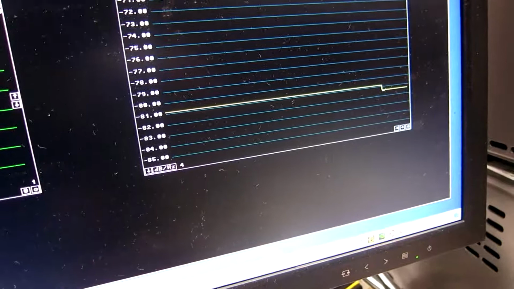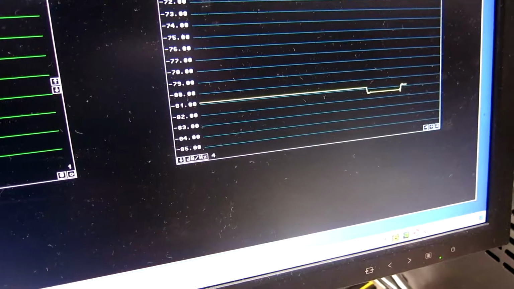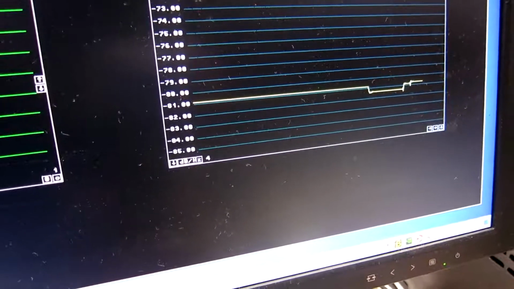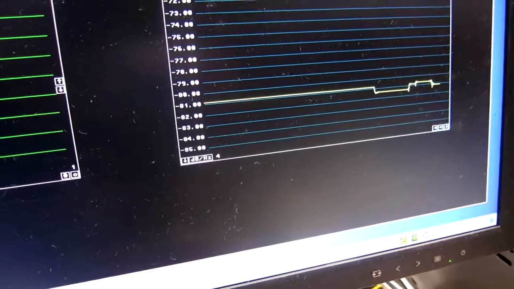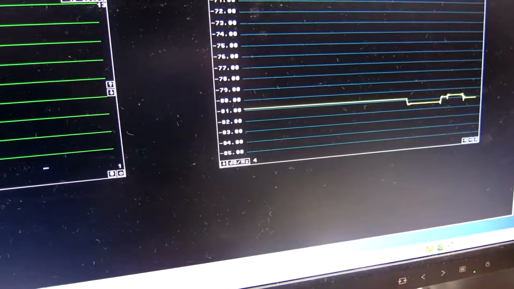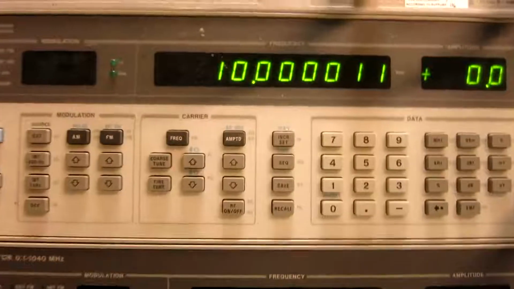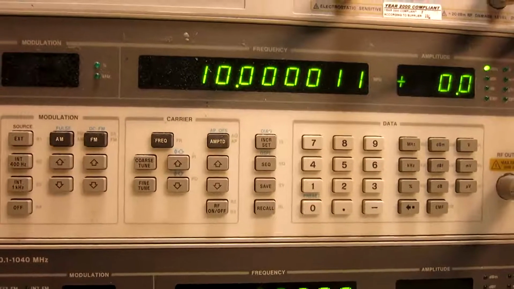So I go down and then down again, and then down again. So I go up and I note this frequency, that is 11 Hz above 10.